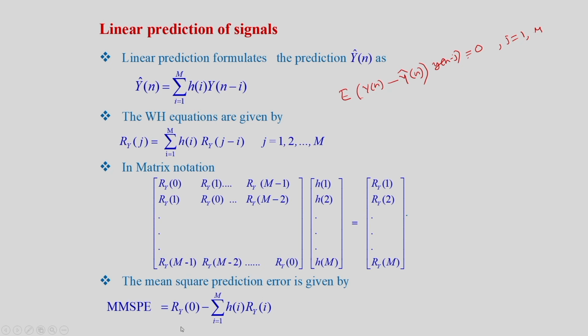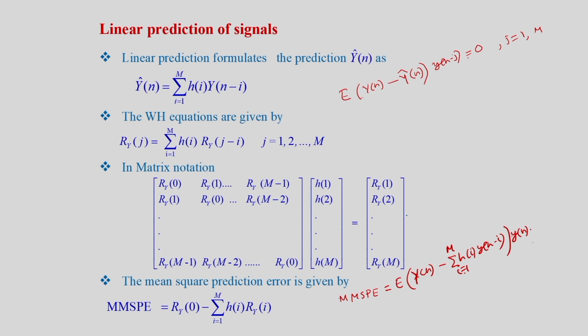Similarly, the minimum mean square prediction error can also be obtained by applying the orthogonality principle. The error is y[n] minus summation h i into y[n minus i], i going from 1 to m, into y[n], and the remaining part of the error will include y[n minus 1], y[n minus 2], etc. They are orthogonal to this error.